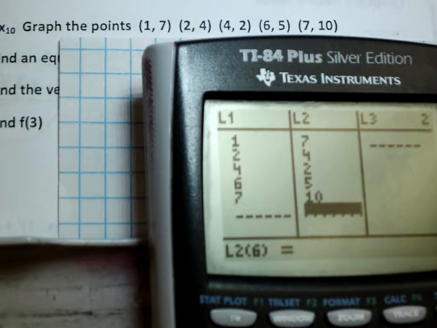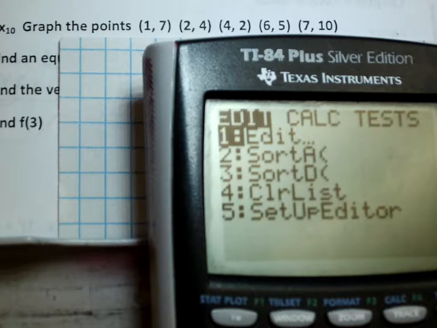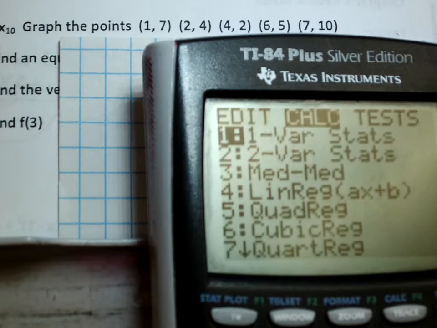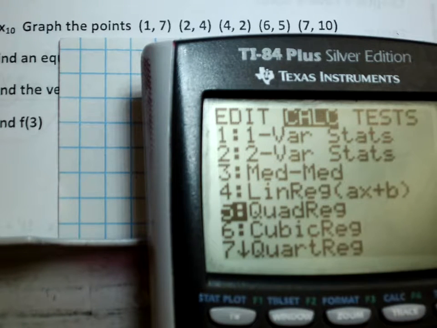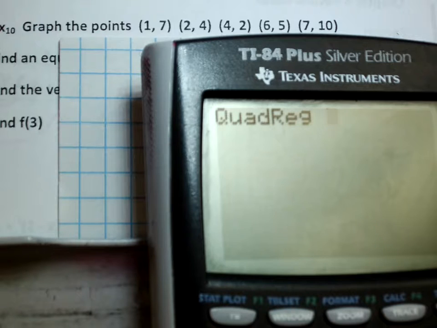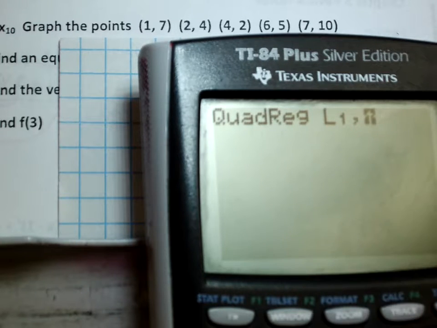Then I'm going to go to stat again. Okay, once we're in, go to stat again. We want to calculate an answer, but the answer we want is the quadratic regression. Okay, so I went over to calculate, went down to QuadReg. I need to tell it where my lists are. I want to use list 1, which is in blue. Then don't forget a comma, list 2, okay?